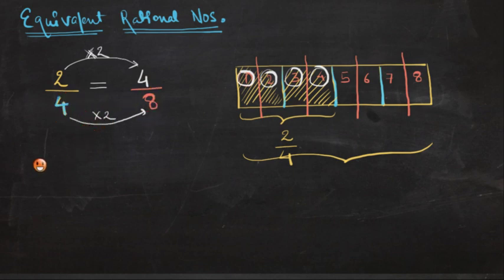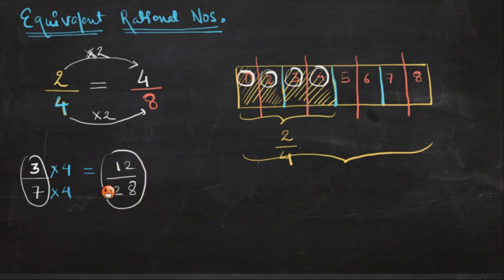Let me take another example. Let's say that I have 3 upon 7. If I would multiply the numerator by, let's say, 4, I have to multiply the denominator with the same quantity 4. So this would give me 3 times 4 is 12 and 7 times 4 is 28. So 3 upon 7 and 12 upon 28 are equivalent rational numbers.